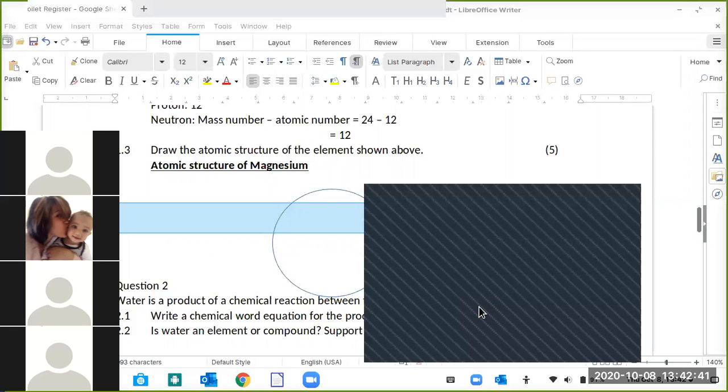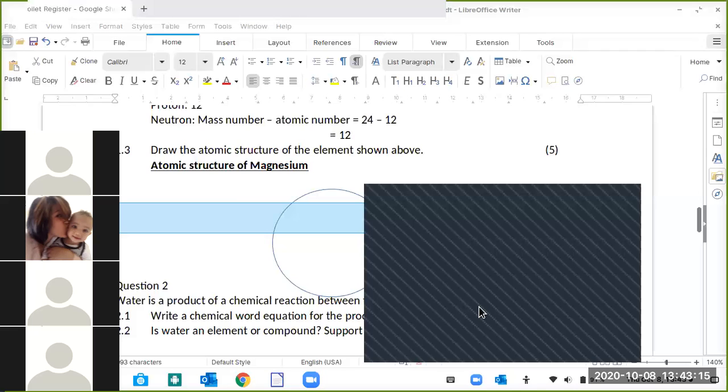So what we were looking at when marking the structure of an atom is there must be a correct diagram, or there must be a diagram. Then we were very strict on the number of electrons on each and every ring, or on each and every shell. Now, the first innermost shell has got a maximum of how many electrons?